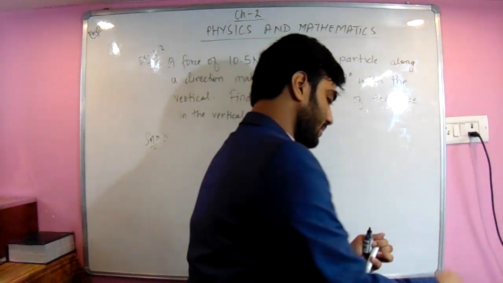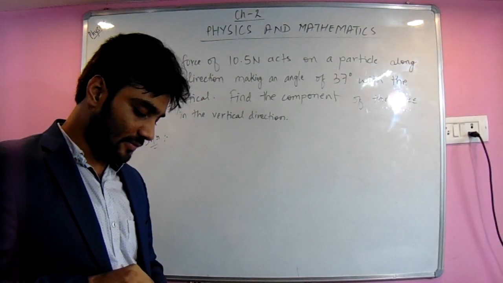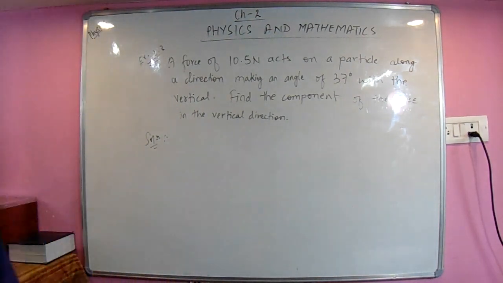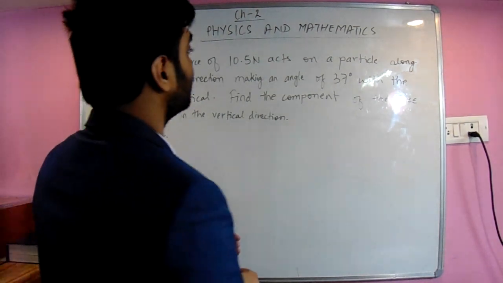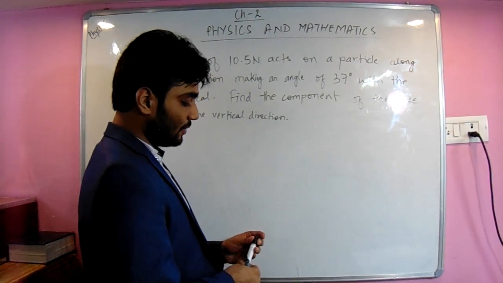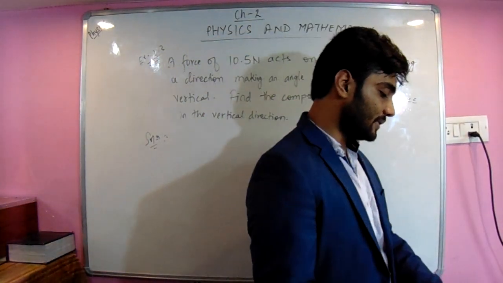So we studied in the previous lecture that horizontal and vertical direction comprises the cos 37 degree, and the value is 4 by 5, and it is also equal to sine 53 degree.